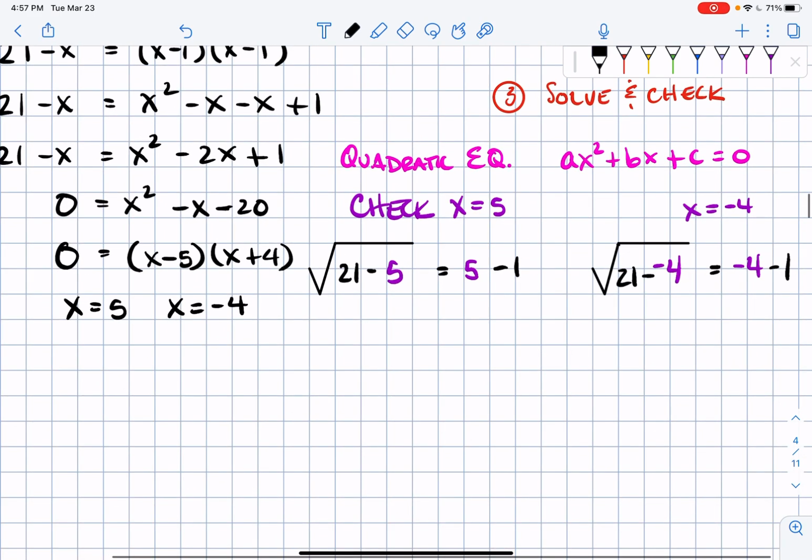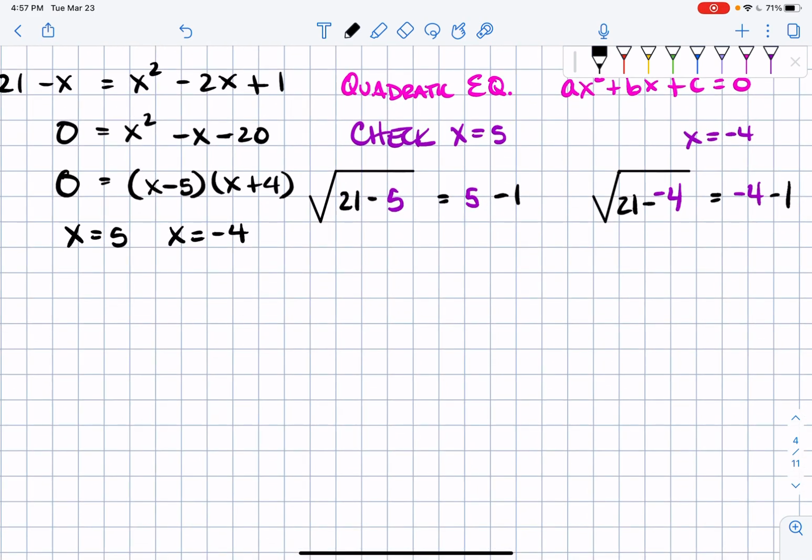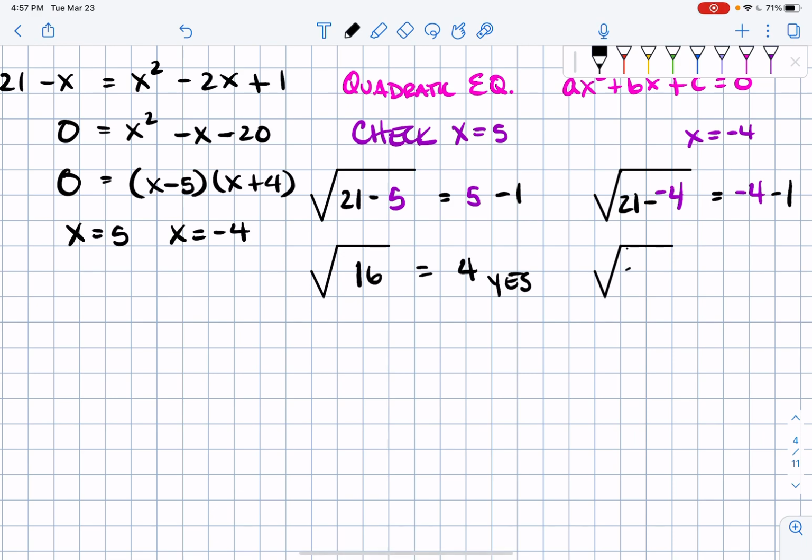Okay, so with the 5, I have the square root of 16, is that equal to 4? Yes. Right? Over here, I have the square root of 25.